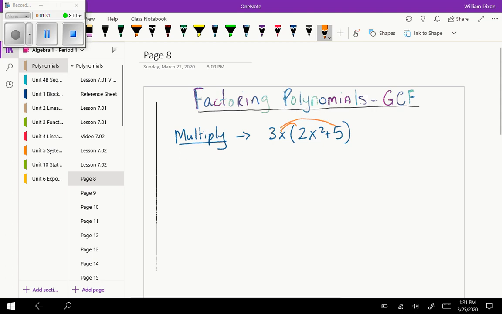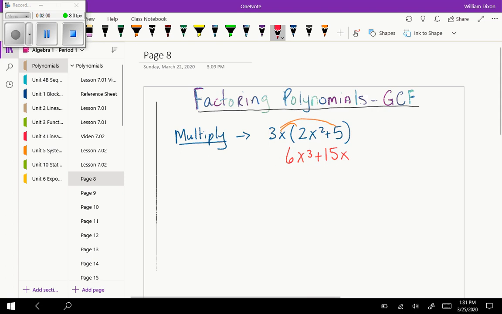So if I multiply 3x times 2x squared, that's going to give me 6x to the third. And then if I multiply 3x times 5, that's going to give me 15x. So that concept we should have down already.